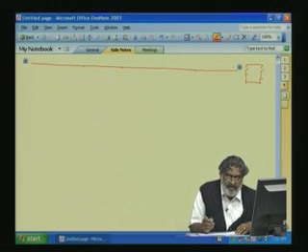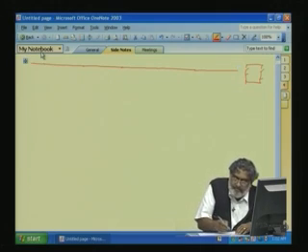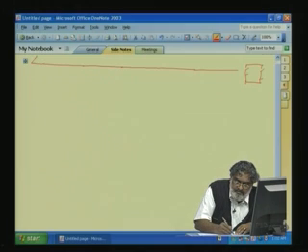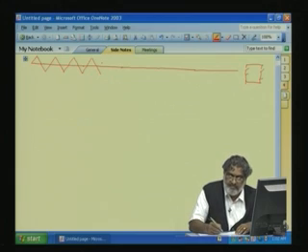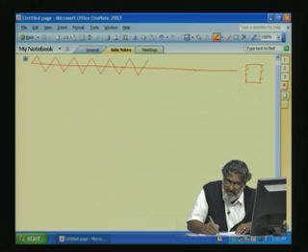This is the triangle waveform. We will make 11 times.